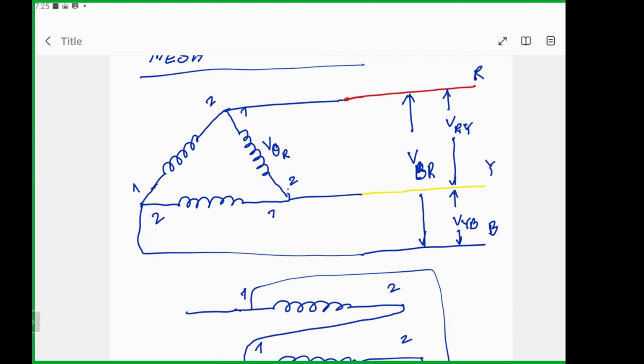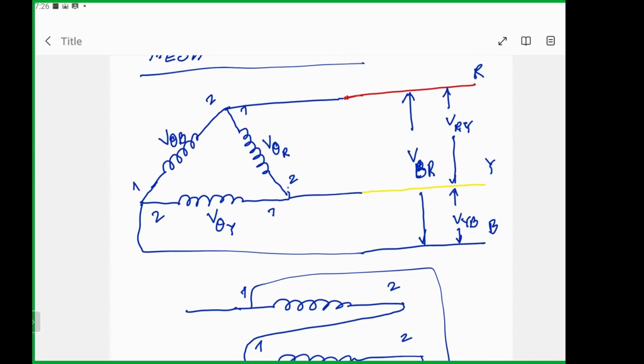So this one would be V theta R, this one V theta Y, and this one V theta B.